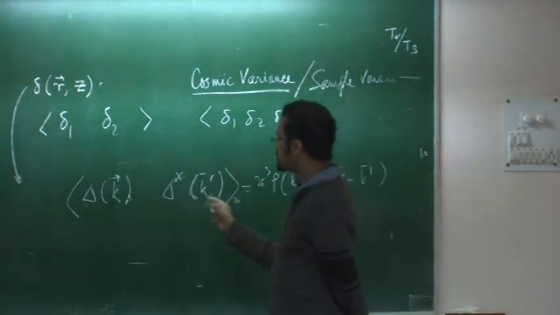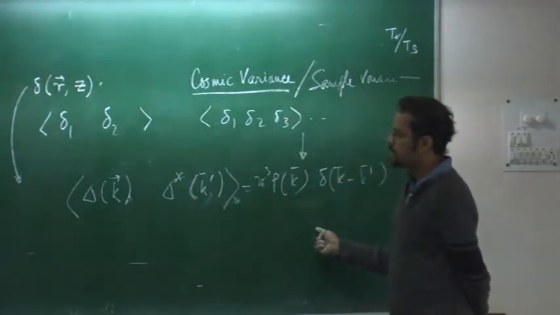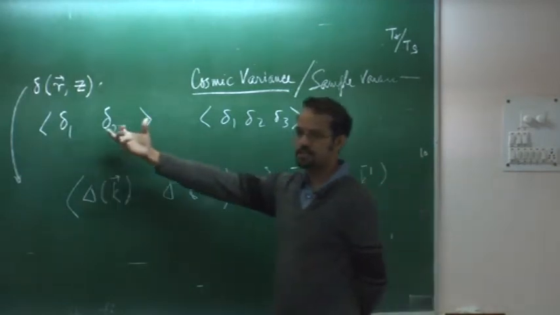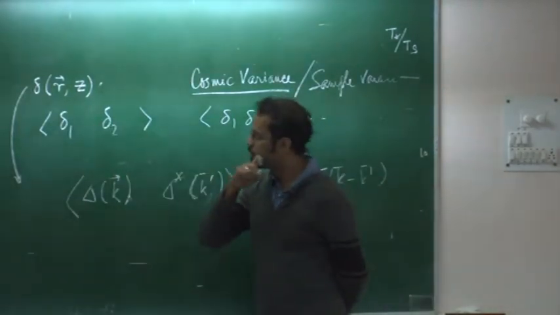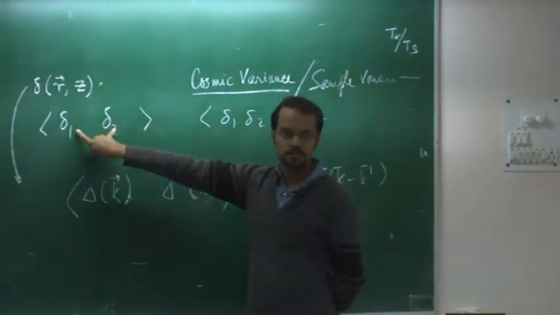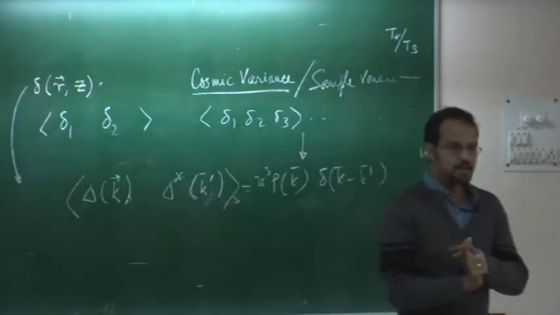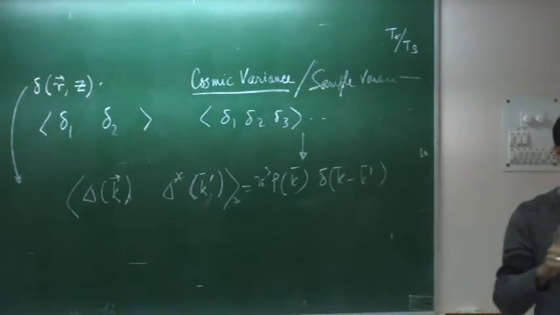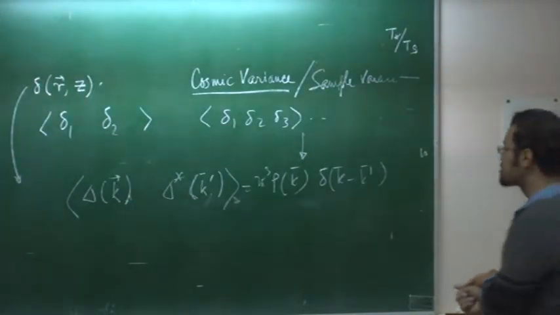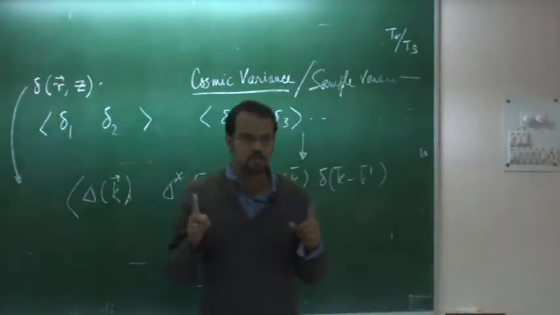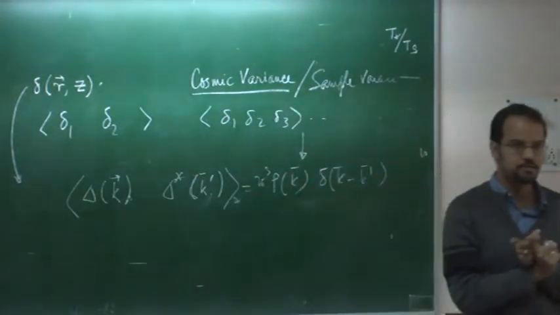Now, before going into the power spectrum, a few important things about the correlation functions themselves. First of all, these are functions of position, whereas the correlation function can only depend on the difference of the coordinates, and not only the difference of the coordinate vectors, but the magnitude of the difference of the two vectors. Why is it so?